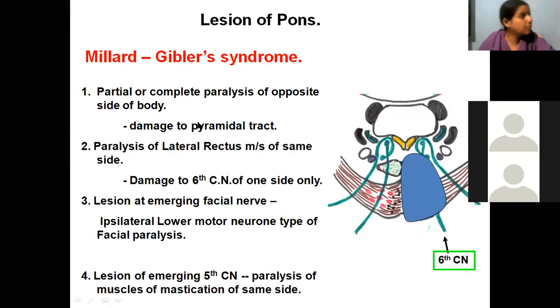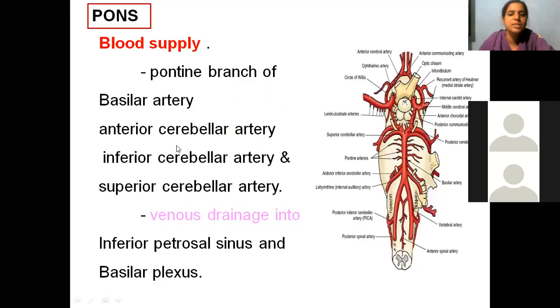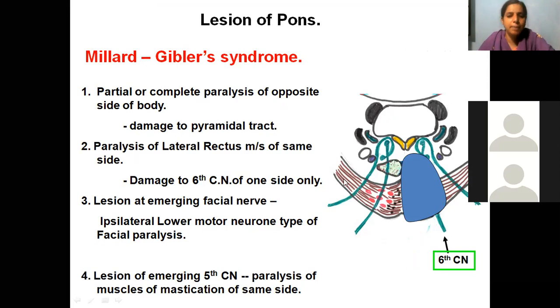Apart from Weber syndrome, there may be a question on Millard-Gubler syndrome also, beta. What does it mean? It means the pons is not getting proper blood supply because of blockage of any of these blood vessels. So this particular area of the pons is gone and not functioning.